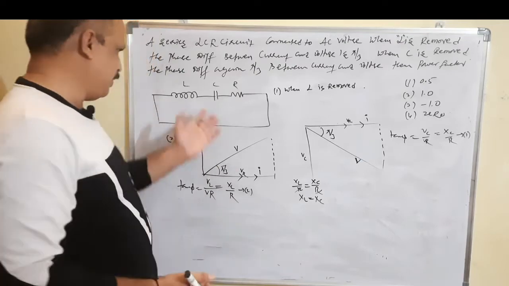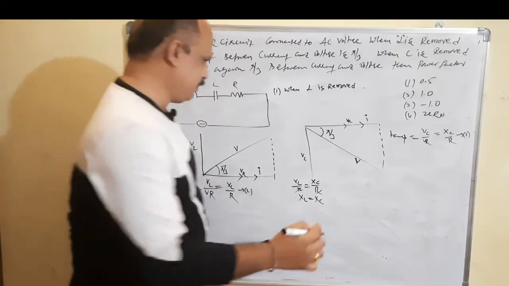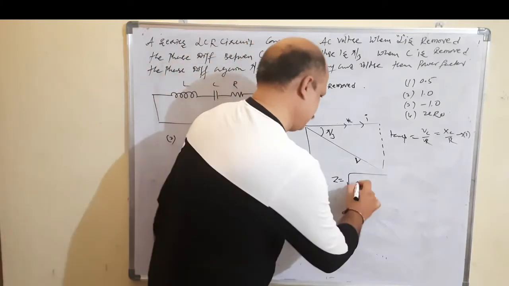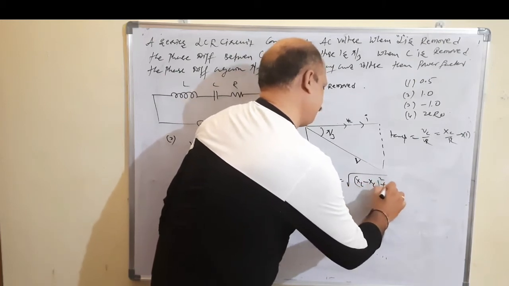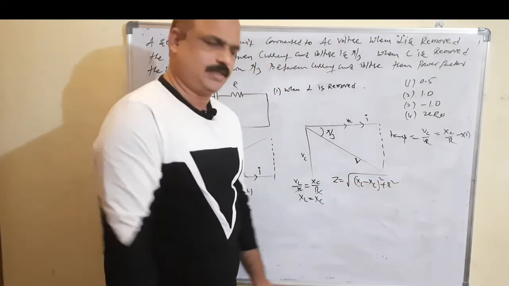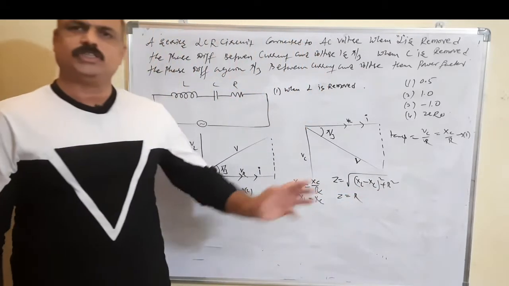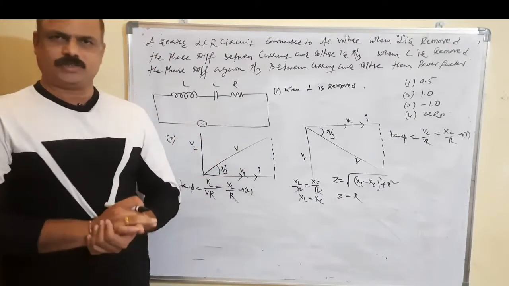XL equal to XC means the circuit is in resonance condition. We know that impedance Z in an LCR circuit is the square root of (XL minus XC) whole square plus R square. Since XL is equal to XC, Z is equal to R. In this case, it behaves like a pure resistive circuit.